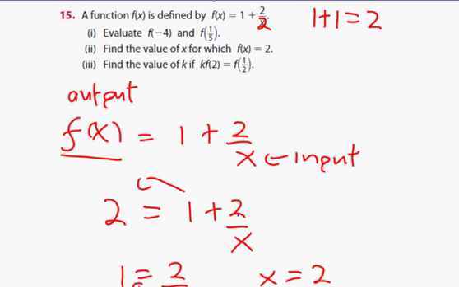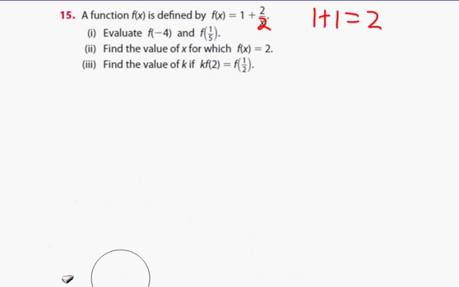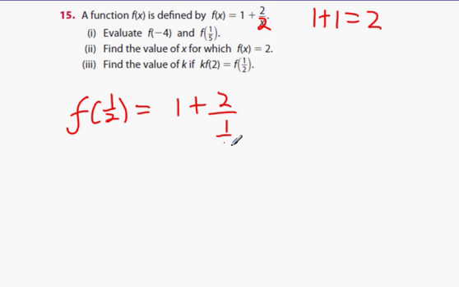Okay, finally, find the value of k for which k times f of 2 equals f of a half. What do we need to do this one? Find f of a half first, and f of a half equals 1 plus 2 divided by a half, which is 5. Use your calculator. Now, what's f of 2? We already know it.